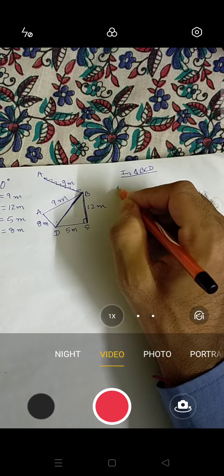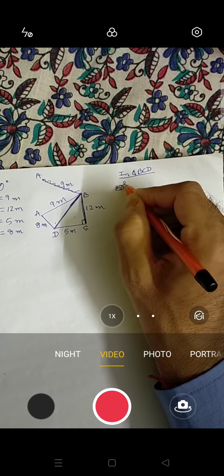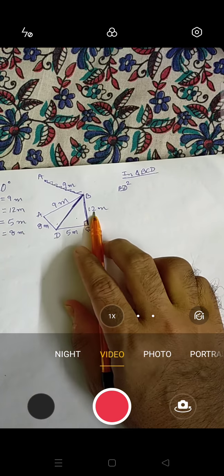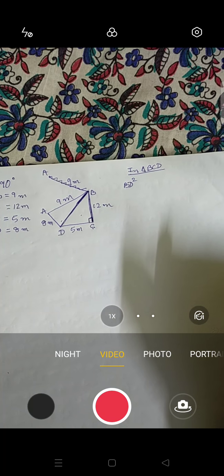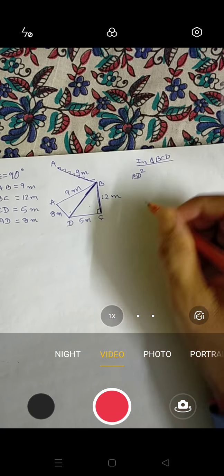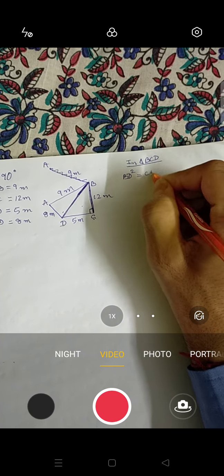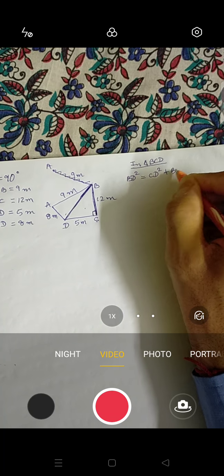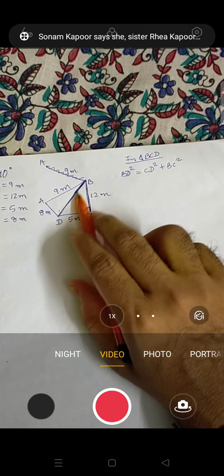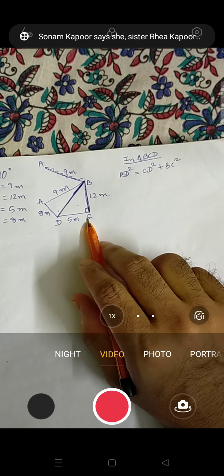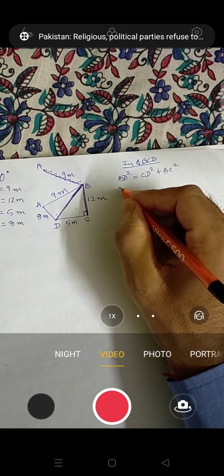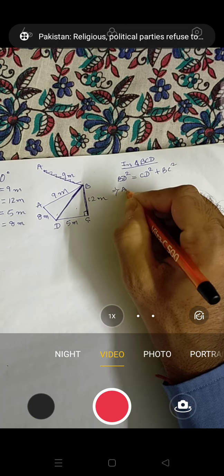So you know that if two sides of a right triangle are given, then the third side can be calculated by using the Pythagoras theorem. So hypotenuse square equals base square plus perpendicular square. Understood? Now BD square.